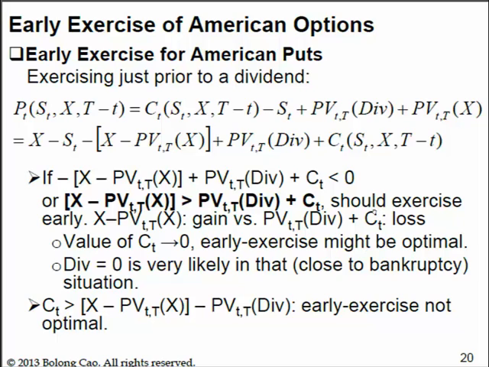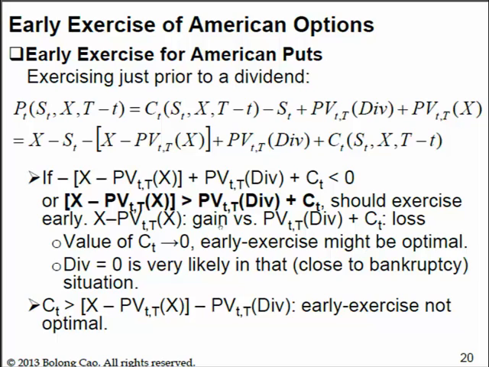You exercise your American put today, you get X, the strike price. And then what do you have to give up? You have to give up your call option, the American call embedded in the American put. You have to give up the potential income from the underlying. You are going to deliver the underlying stock, which is paying a dividend.